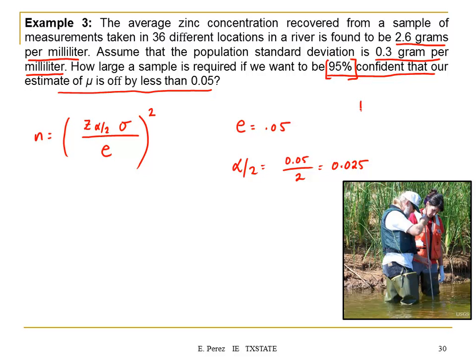So remember, it's 1 minus alpha equals 95%. So that alpha is 0.05.